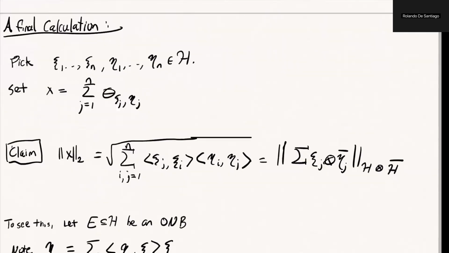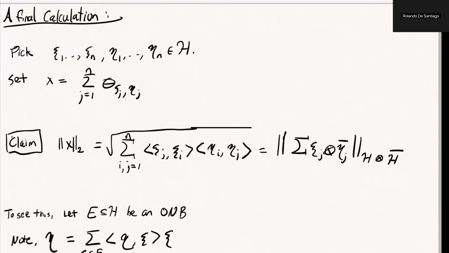So one last calculation that I might get lost in, so please bear with me for a second. All right. So pick 2 n-tuples of vectors in H, and form this finite rank operator that's written on your screen.